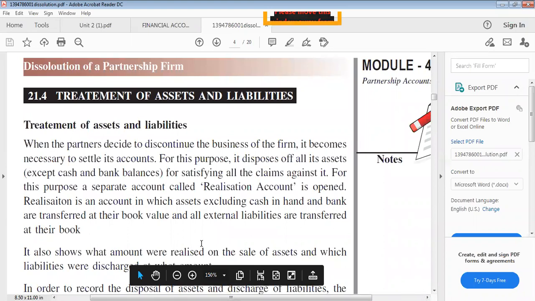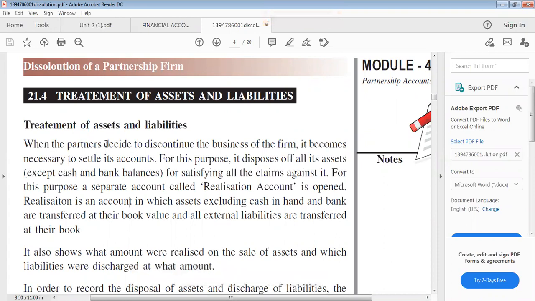Better? All right. Treatment of assets and liabilities now, when there's a dissolution of a partnership firm. When the partners decide to discontinue the business of a firm, it becomes necessary to settle its accounts. For this purpose, it disposes of all its assets, except cash and bank balances, for satisfying all the claims against it.